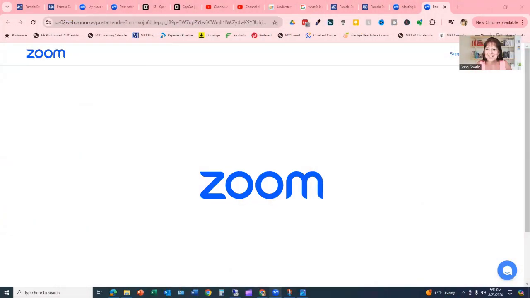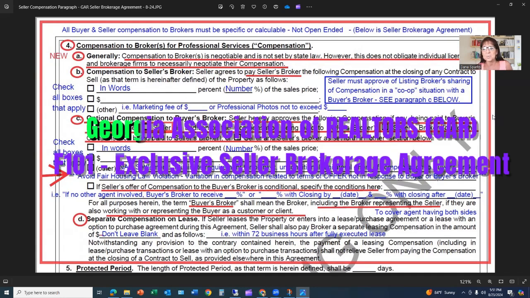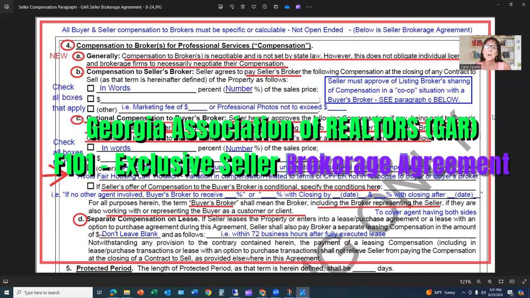So let me share my screen, and I will have to put on my glasses so that I don't squint so much. All right. This is the exclusive seller brokerage agreement in the Georgia Association of Realtors contract package. It is F101.